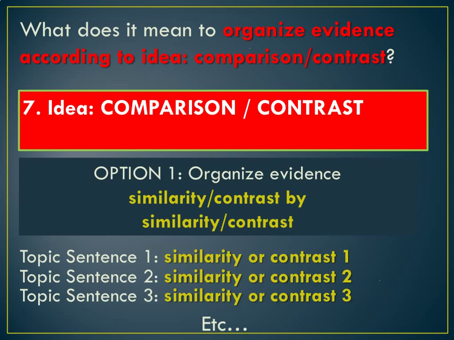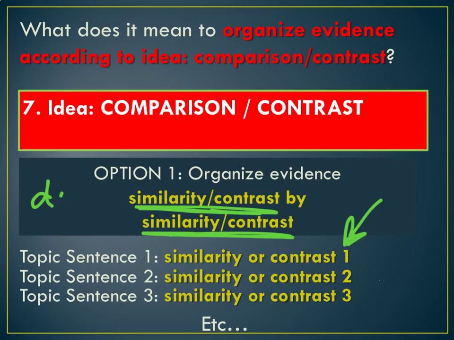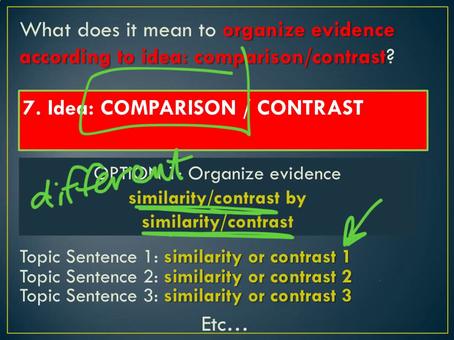So your first option is that you can organize similarity or contrast by similarity or contrast, so that in each topic sentence you're focusing on a really specific, and I need to stress, very different similarity or difference. And in the second topic sentence, you're going to move on to a second similarity or difference, and then a third, and so on. So this is your first option for how to organize a comparison essay.